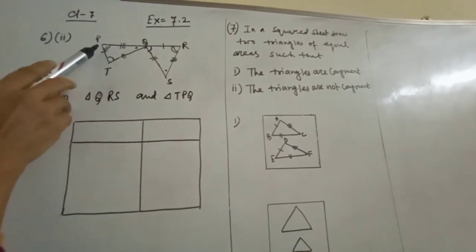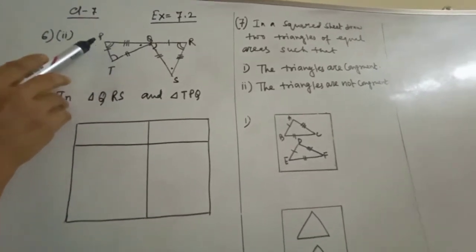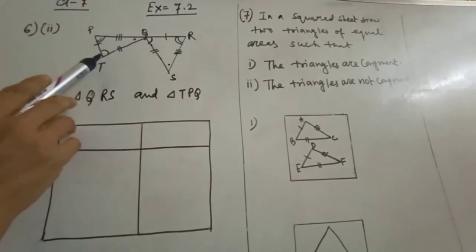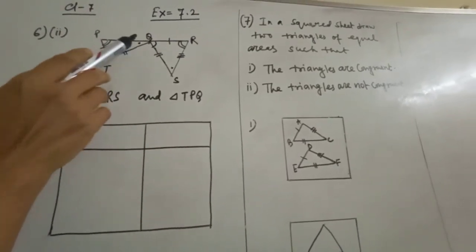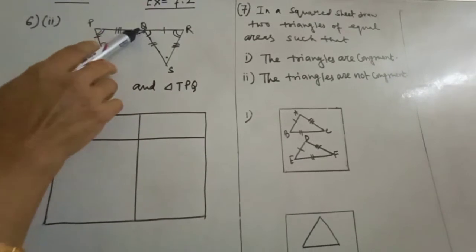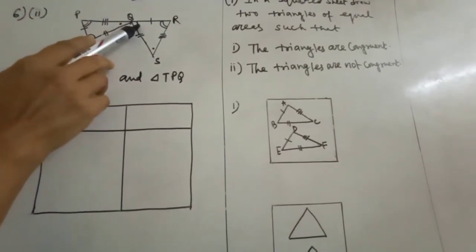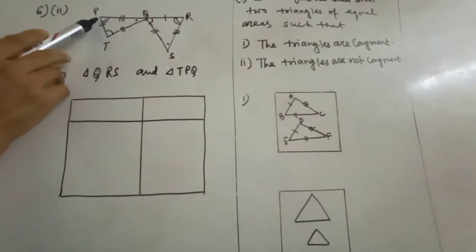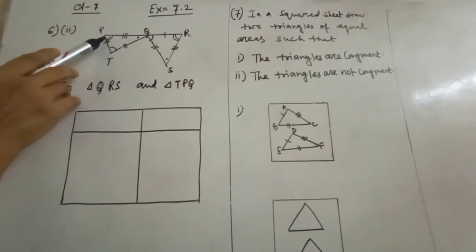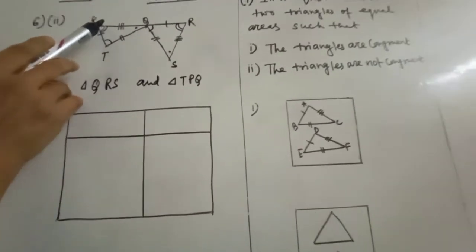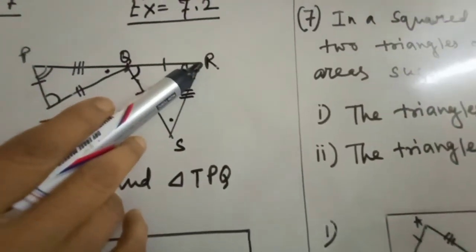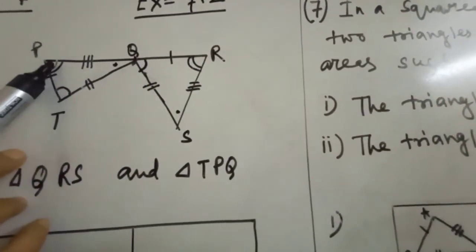See the marked angle. Angle T means PTQ. Angle T is equal to angle RQS or SQR. This angle is equal to this angle. And angle P, see here two marks are mentioned. These two marks are equal to this angle. Angle R and angle P are equal.